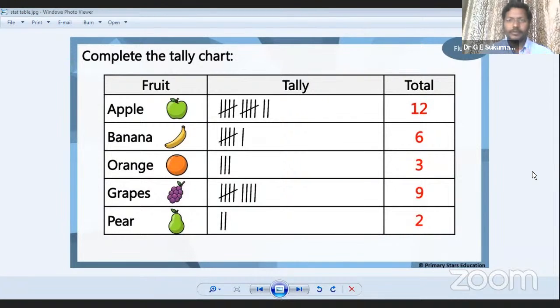If you're talking about how many students are passing from a school, you can also talk about girls' pass percentage and boys' pass percentage, which is given in your books. You can refer to this. This is how, in a very simple and systematic procedure, we can place the data so that it can be statistically interpreted very easily.